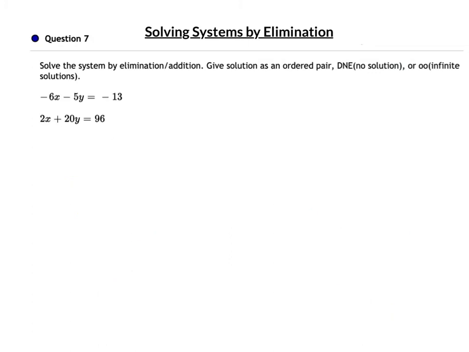Question 7 is different because I don't already have a pair of opposites. Remember that you can use either equation, the x or the y. Choose the one that looks the easiest. Let me rewrite these equations. Negative 6x minus 5y equals negative 13, and 2x plus 20y equals 96.